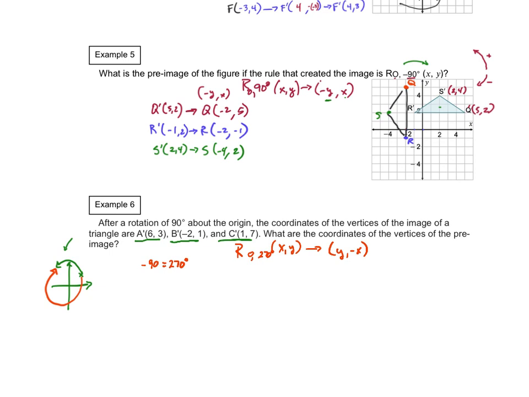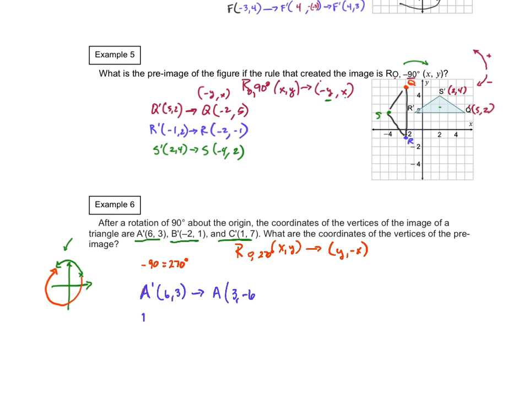Okay, so as we do this, we can say that my A prime is (6, 3), and I'm going to map that to A, where my x value is going to be my old y value, which is 3, and then my y value is going to be the opposite x, which is negative 6.